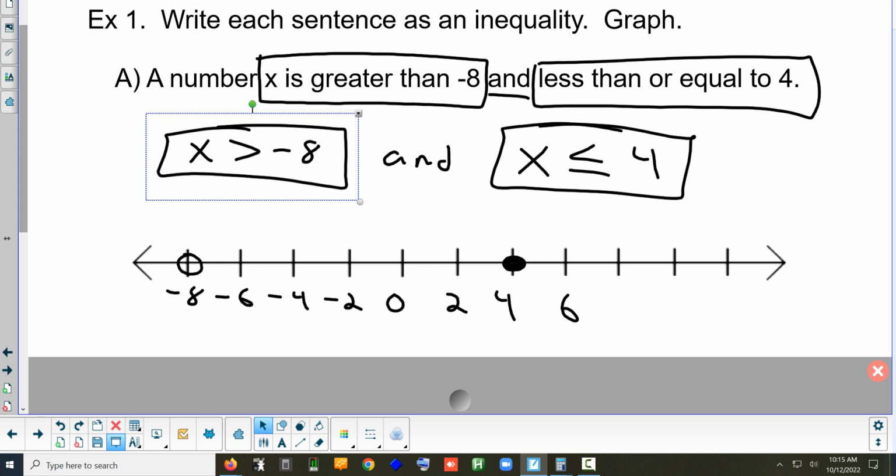Is it between? Or is it outside the lines? Yep. Between. With an and, we always shade between. No arrows on anything that I just drew because it doesn't keep going. It starts at -8. It stops at +4.